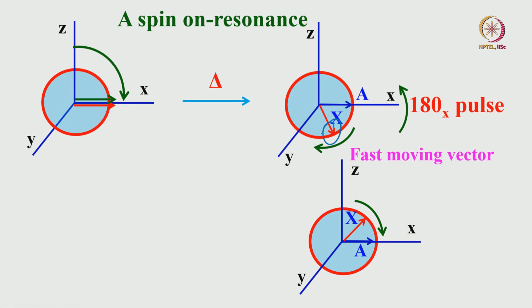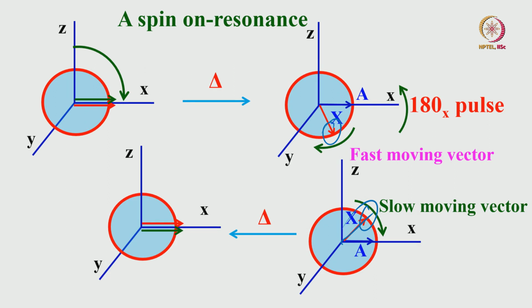The vector which was here moves to this side because I have rotated it. Now it starts moving. What was fast became slow, because it is on the other side. It becomes a slow moving vector and starts moving like that. Wait for some time, the same delta time.